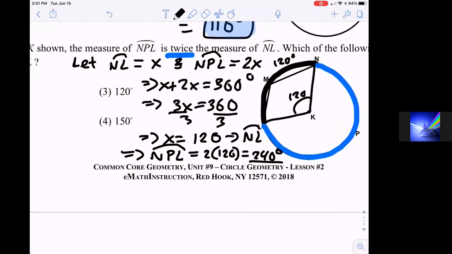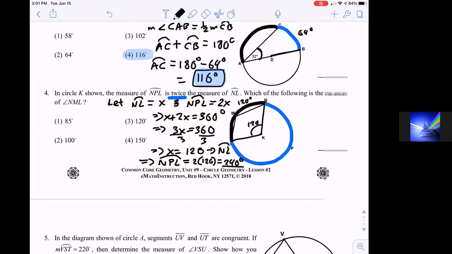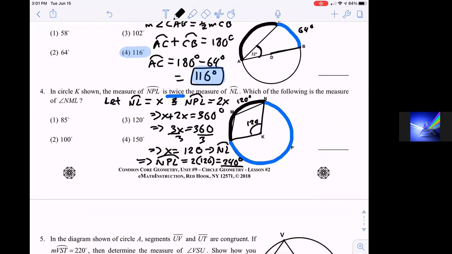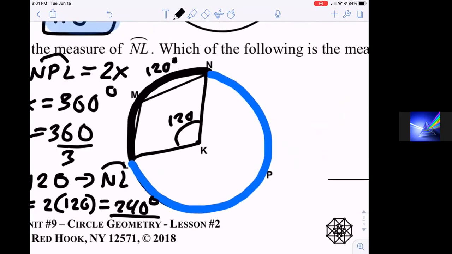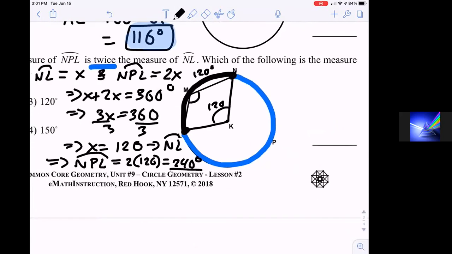Now, we're not done because that's not what we're looking for, but it helps us along the way, because here's why. We want to know the measure of angle NML. So look at here. Angle NML is this angle right here, that inscribed angle. Well, that inscribed angle intersects the same arc as NPL.